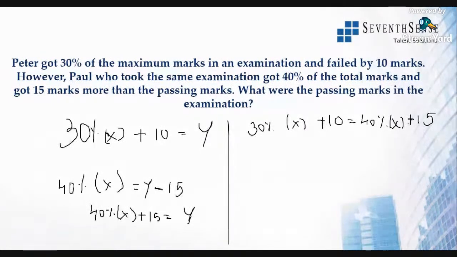Oh, sorry, he gets 15 more than the passing marks, so this will be minus, because here he gets 15 marks more than the passing marks. So this is Peter, this is Paul.